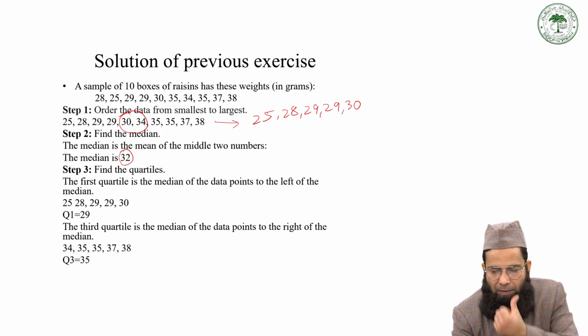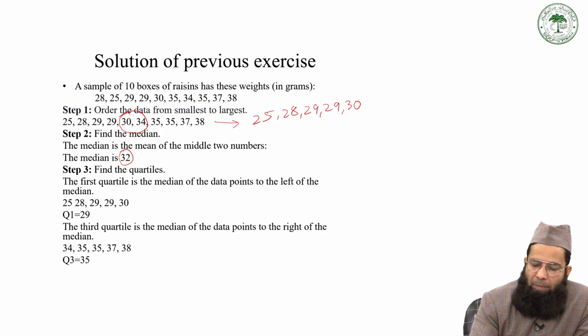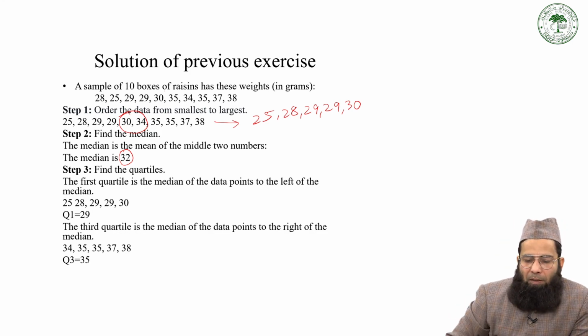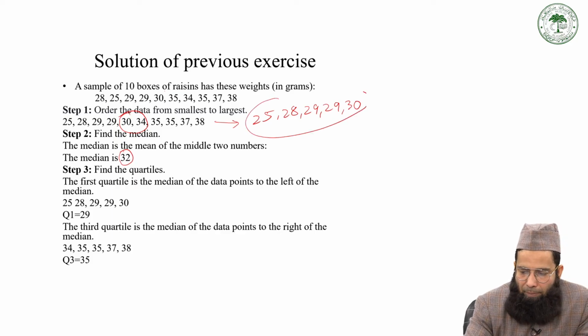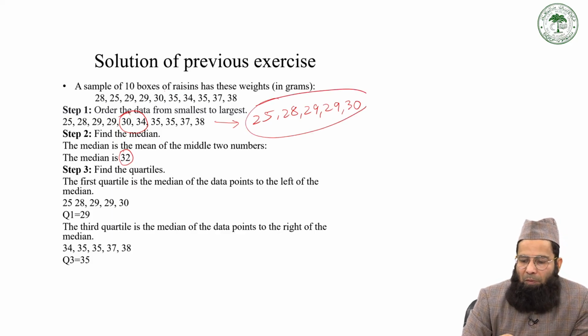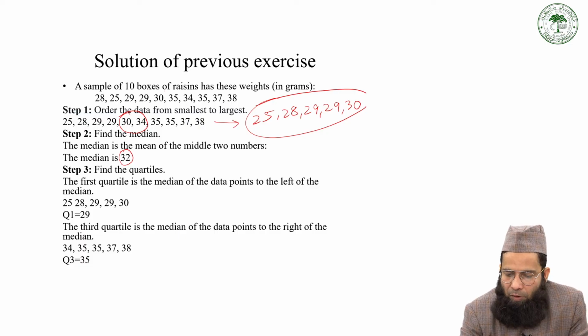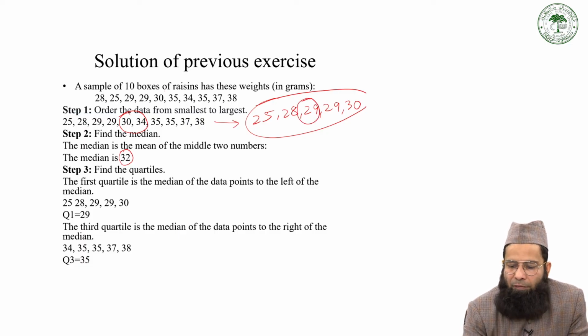These are the elements left of the median. Now calculate the median of these values. So what would be the median? The median is 29. So this is the first quartile, right?